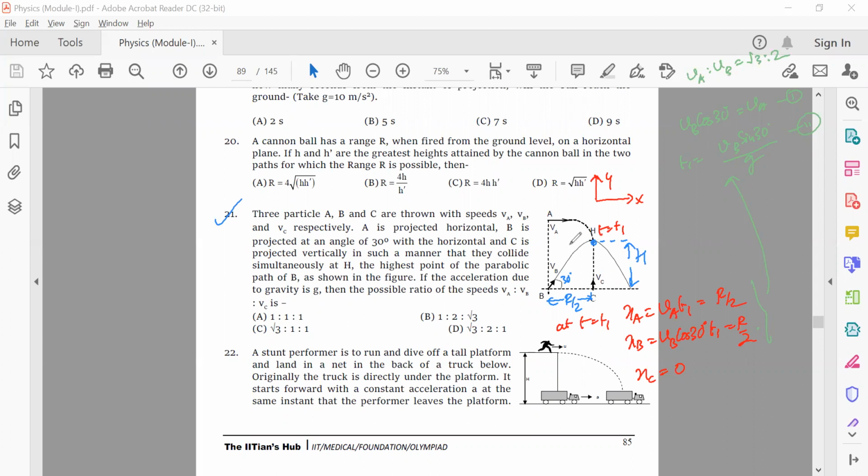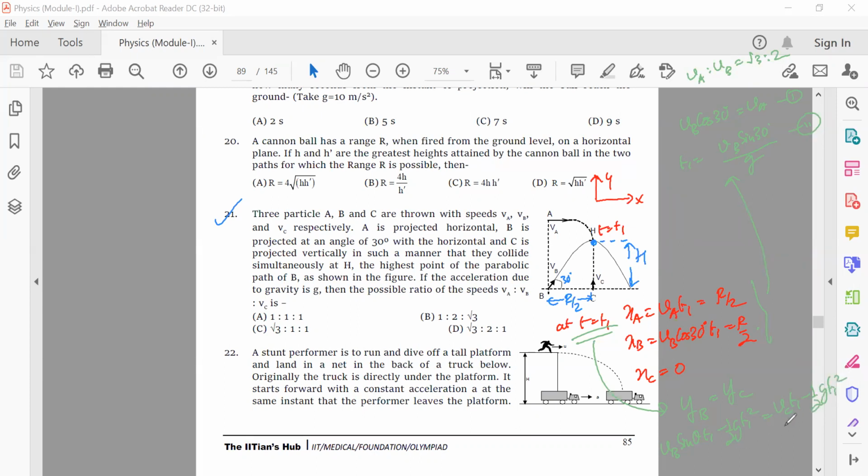Now you can see that C and B should reach the same height simultaneously. So at this time T1, the y displacement of B should be equal to the y displacement of C. So VB sine theta T1 minus half G T1 square should be equal to VC T1 minus half G T1 square.